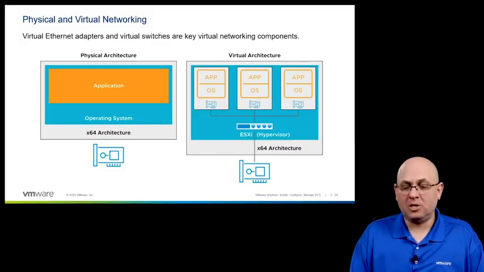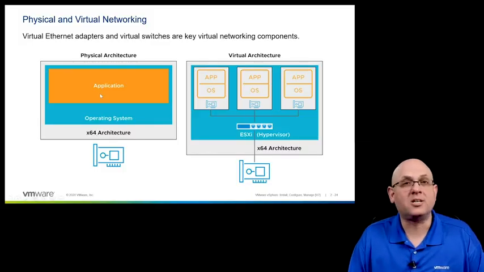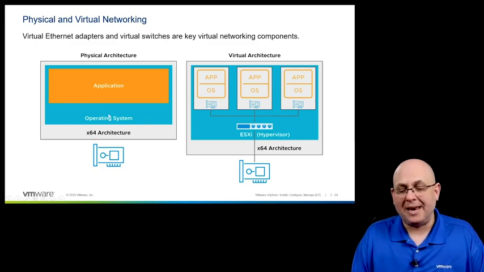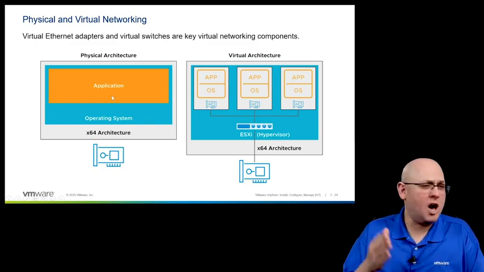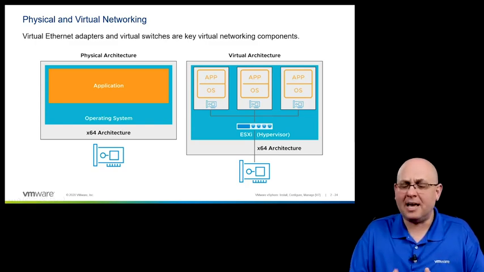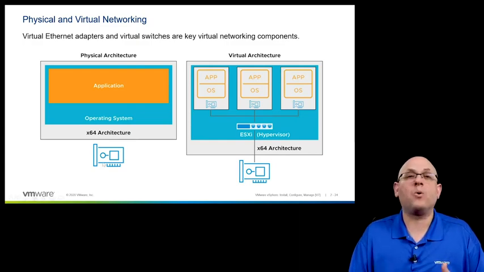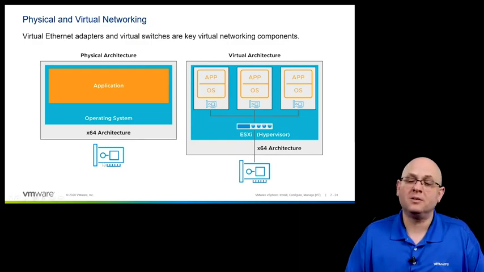So like CPU and memory, networking and storage is a similar concept, where when it comes to a physical architecture, the operating system and its applications have 100% dedicated access to the physical network card that exists on that host.